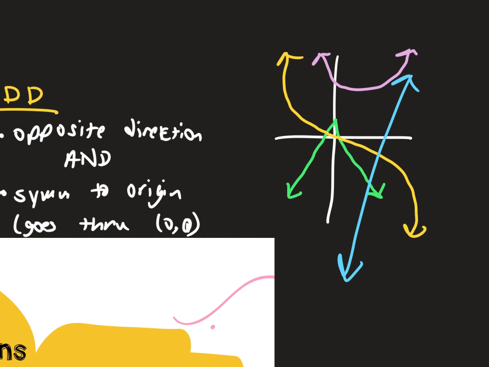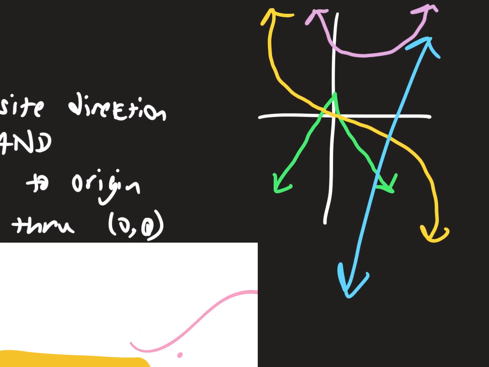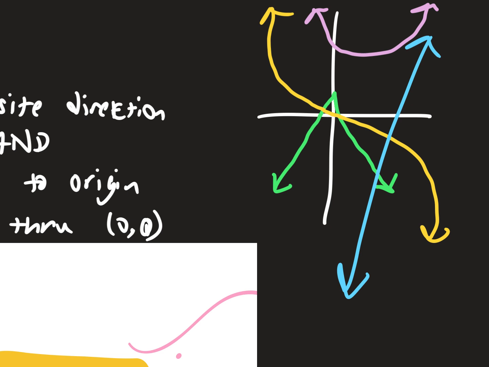So again, let's pretend the green one is perfectly drawn on the left-hand side and right-hand side. We're going to talk about green right here. Is this odd, even, or neither? First thing you look at, guys, the direction of the arrows. Same or opposite? Same. They're both going down, right? So this could be an even function.